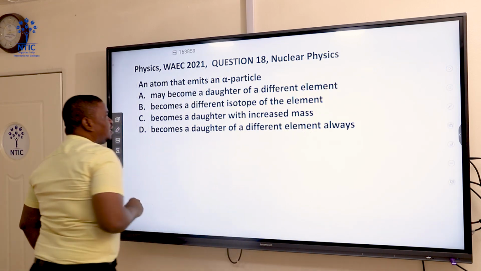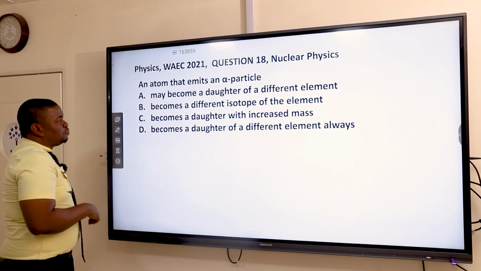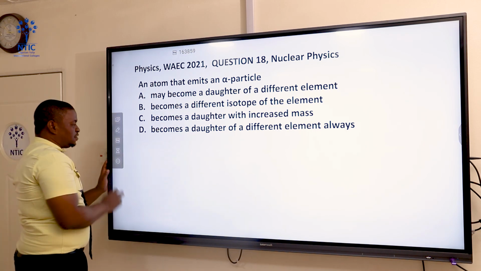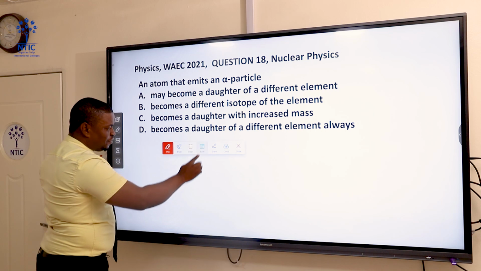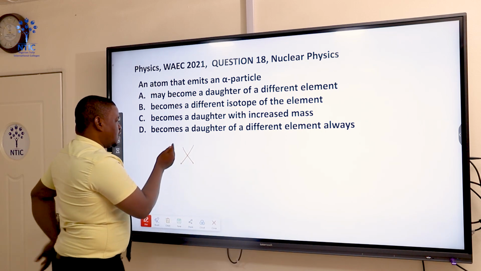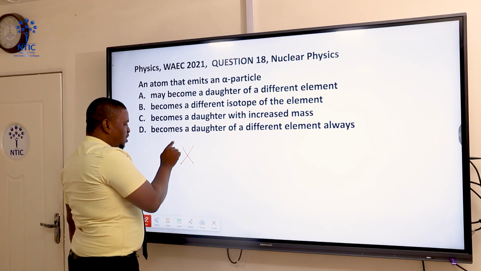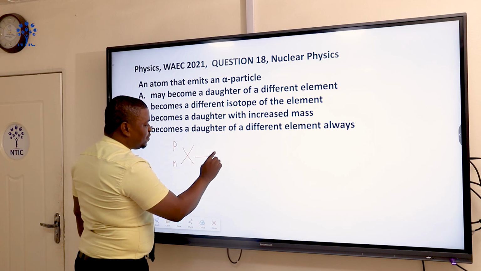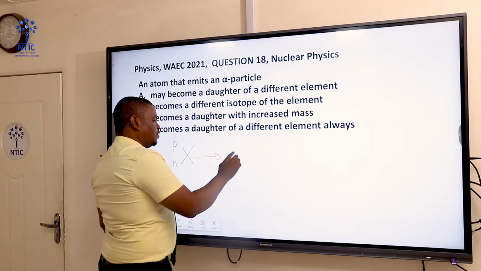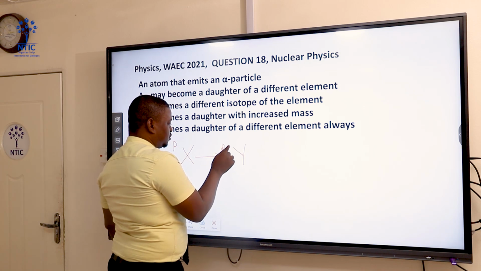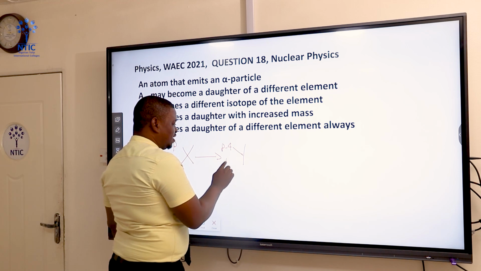Now, an atom that emits an alpha particle may become an atom of a different element. Let's look at it. Let's say atom X has atomic mass P and atomic number N. Now, it emits an alpha particle to form atom Y. Y will now be P minus 4 and N minus 2.